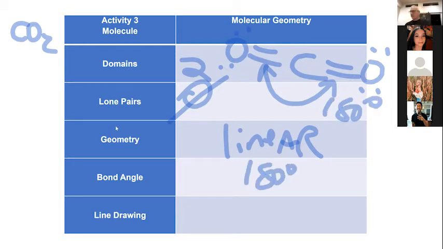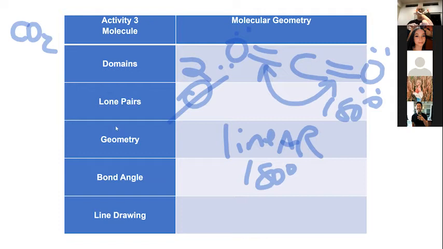If you're going to make the model for this, I think it's a good idea to start with carbon, right? So we've got our carbon and we connect it to oxygen on either side. But notice when I connect my carbon to the 2 oxygens, it's not linear, is it?